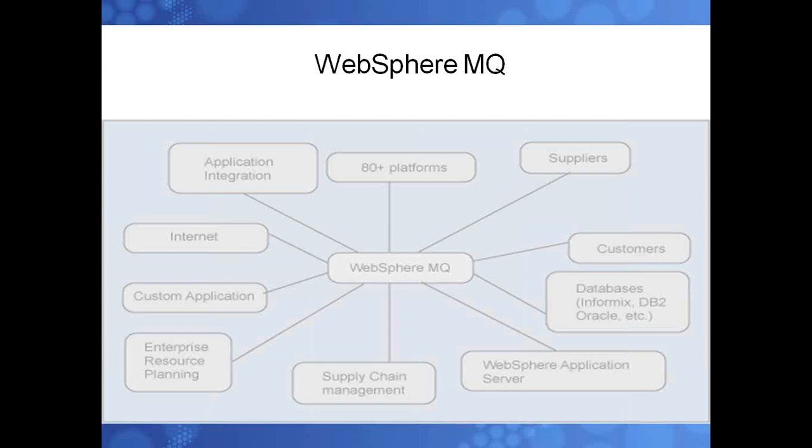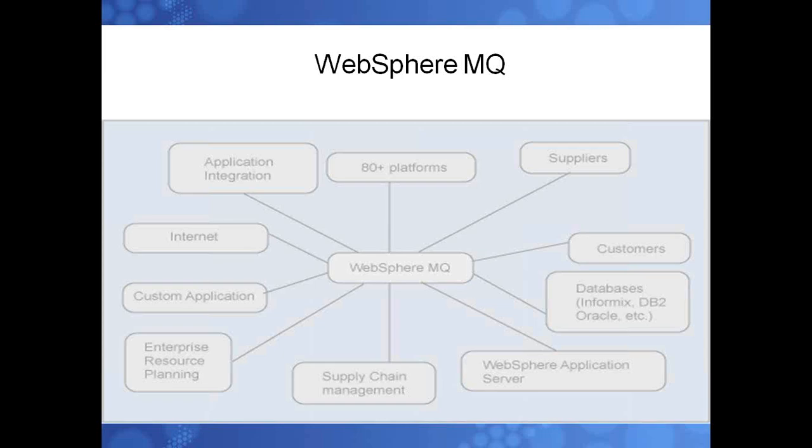The product WebSphere MQ enables programs to talk to each other across a network of unlike components like processors, operating systems, subsystems, and communication protocols. This is done using a simple and consistent application programming interface. Basically, when you see this figure, WebSphere MQ in the middle is communicating with different types of applications around the world, irrespective of technology, operating system, and communication protocols.